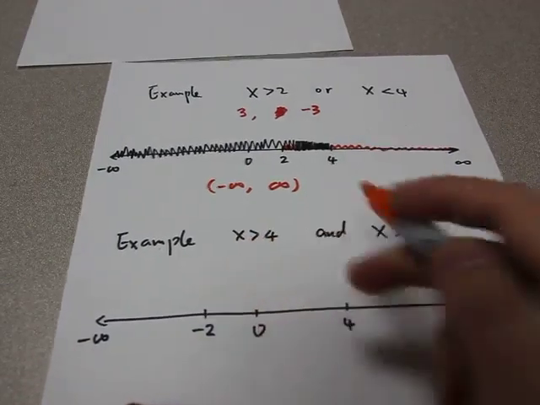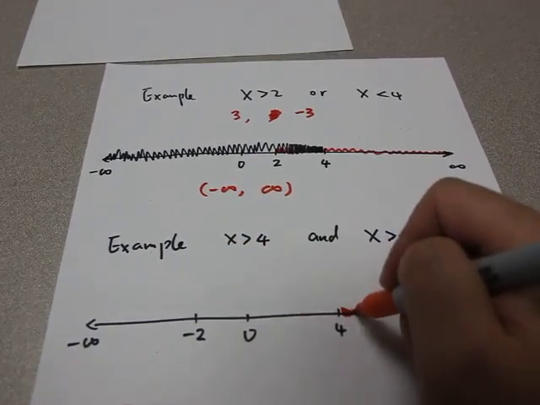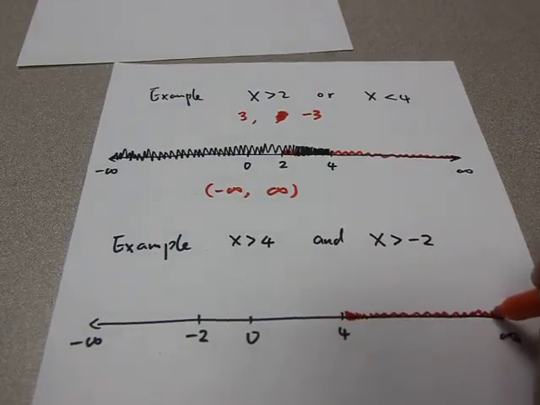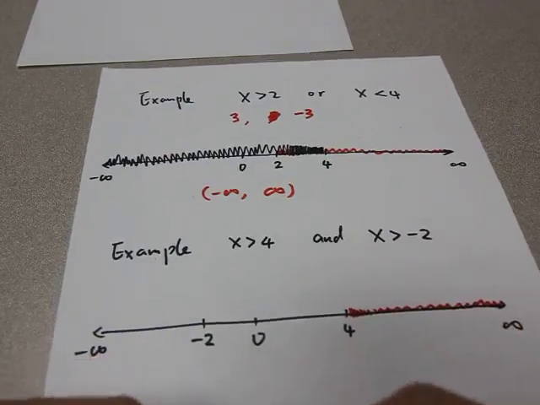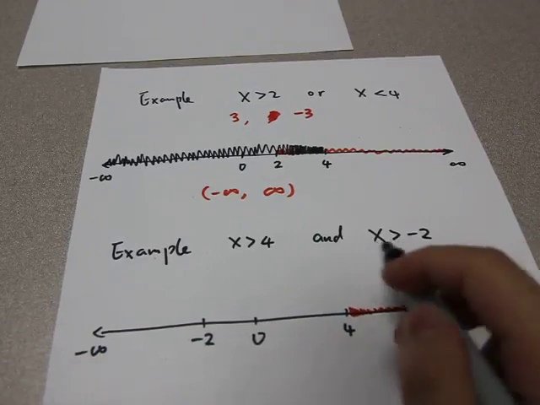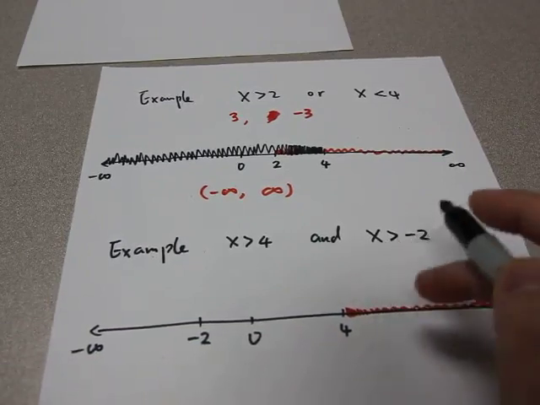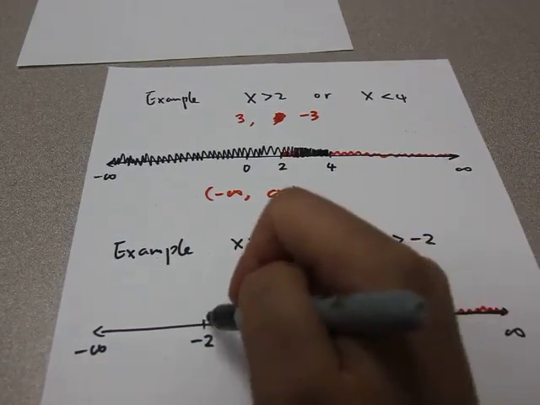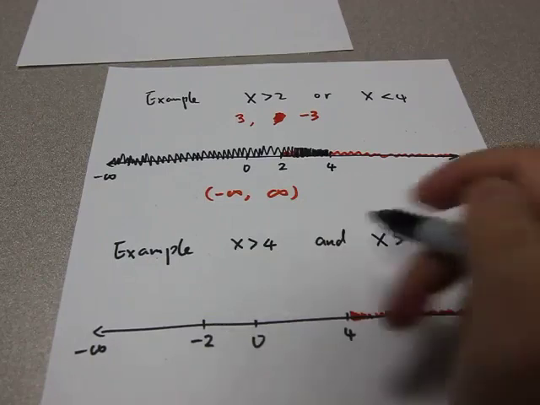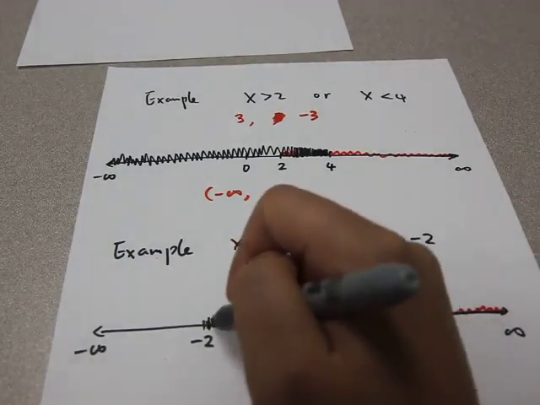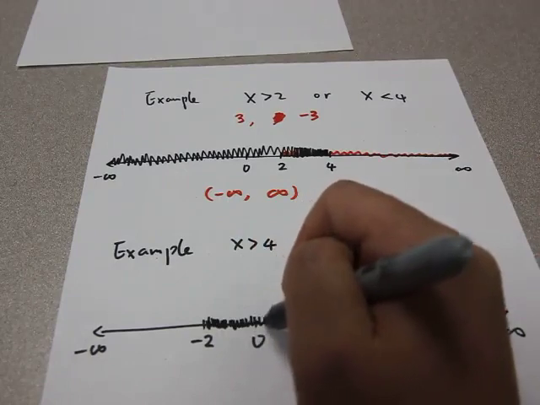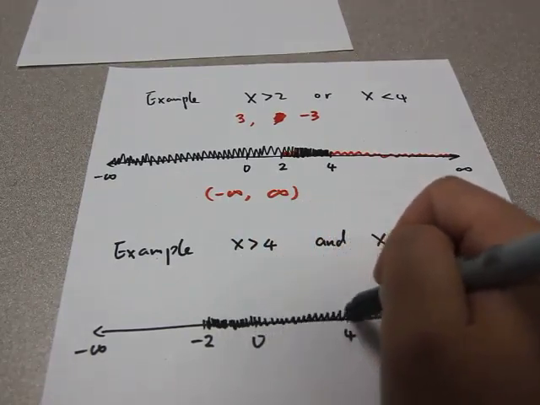Now x > 4, so when you graph this inequality, it will be like this, right? Now let's graph the second one, x > -2. So x are numbers bigger than -2. Start from -2 and I will cover everything on the right side of -2.